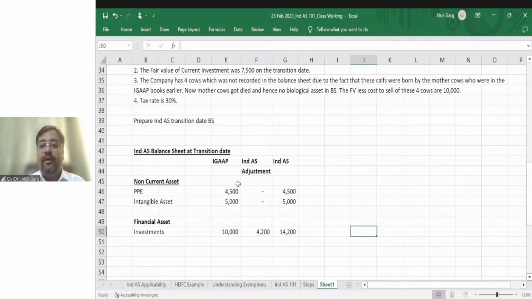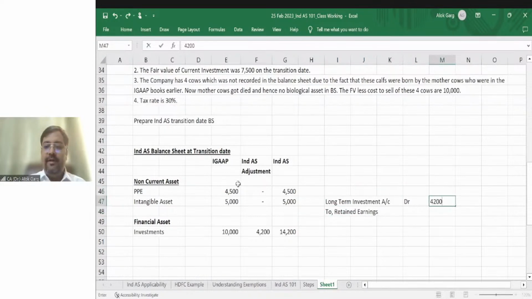And what will be the accounting entry here? The accounting entry will be long-term investment account debit to, what? There is no opening P&L, so to retained earnings. 4,200 and 4,200. And along with this, you have to pass a deferred tax impact as well.